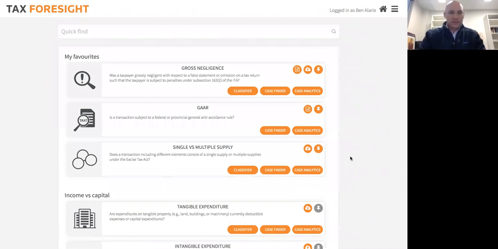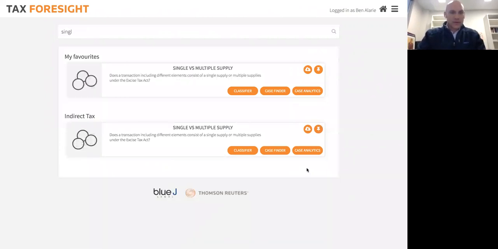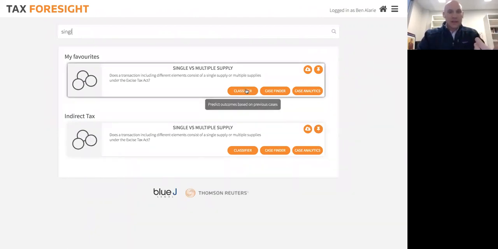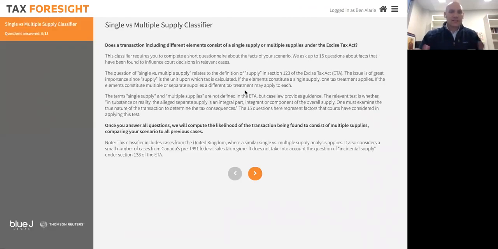What you would do is type in the quick find bar here. You see I've got single versus multiple supply under my favorites, and it's also coming up under the indirect tax button here. So I'm just going to click on the classifier, and it's going to take me into the single versus multiple supply classifier. It gives you a little bit of background on this initial screen.